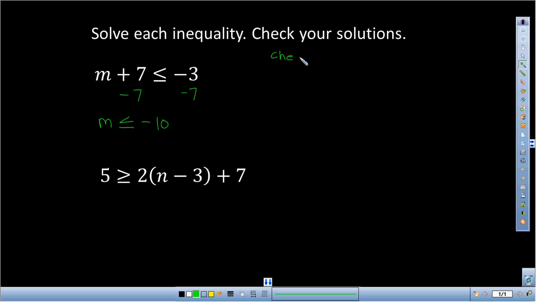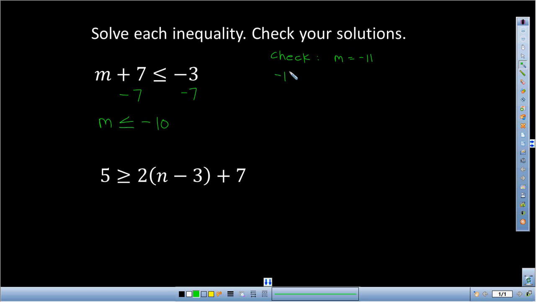So let's do a quick check just to verify. Now to check an inequality, you want to pick a value that falls within that range and then a value that does not fall within that just to verify. So let's start with m. Since we're saying that m is less than or equal to negative 10, let's start with m is equal to negative 11. And let's plug that into the inequality.